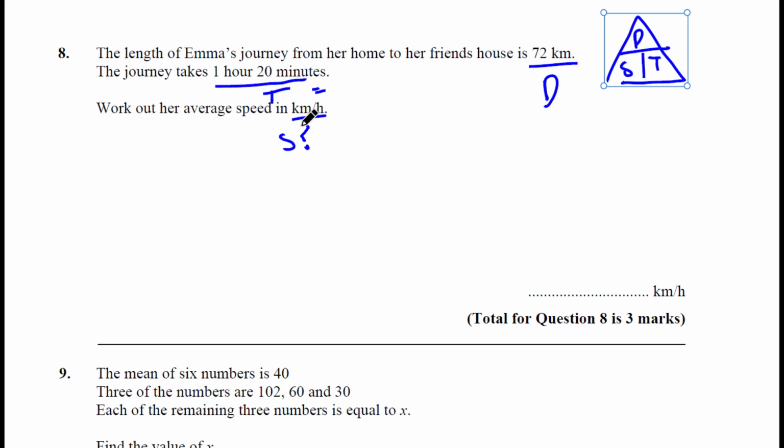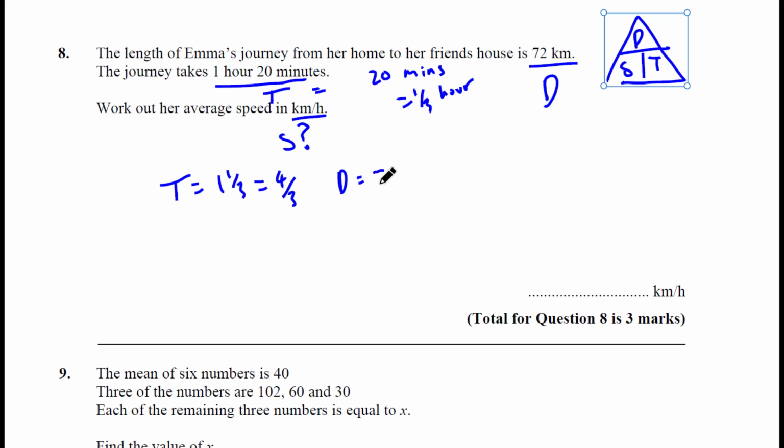We're looking for speed, which is in kilometers per hour, so we have to convert this all into hours. So we know 20 minutes equals 1/3 of an hour, so we have time equals 1 1/3, and in this case it might just be easier to change that to 4 over 3 as an improper fraction.